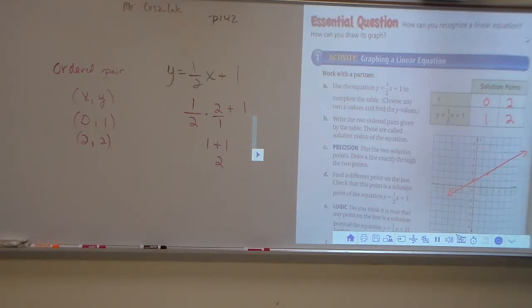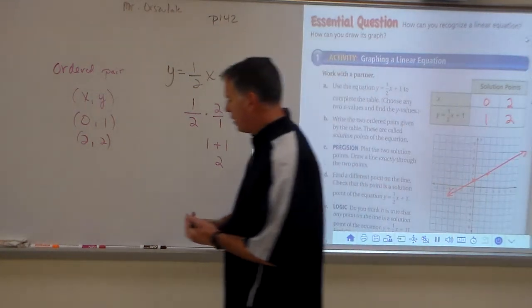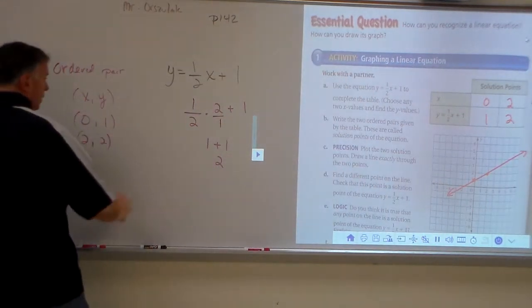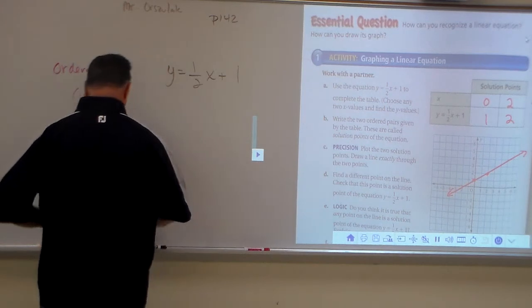And it says, find a different point on the line that's a solution. If I wanted to plug in a 4, I go over here to my equation, and I plug in a 4.